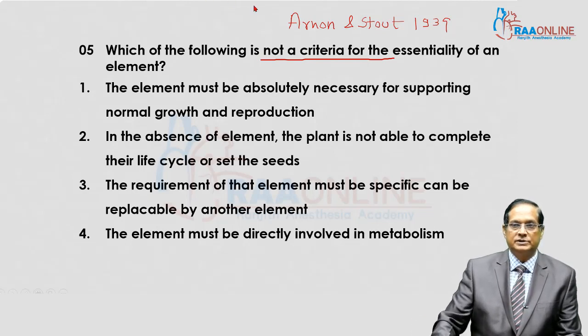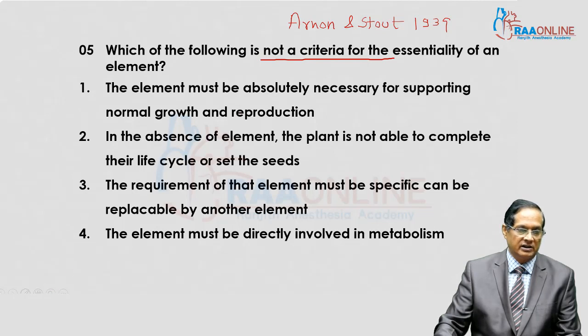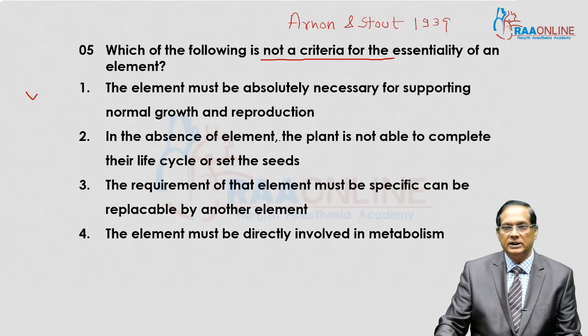The element must be absolutely necessary for supporting normal growth and reproduction. It's right, the first one is right. Then, in the absence of the element, the plant is not able to complete its life cycle and set seed. Right, yes. The requirement of that element must be specific, can be replaced.